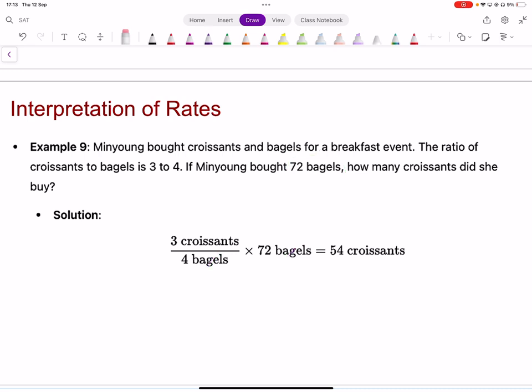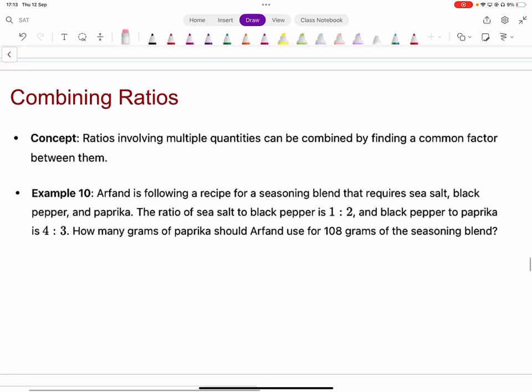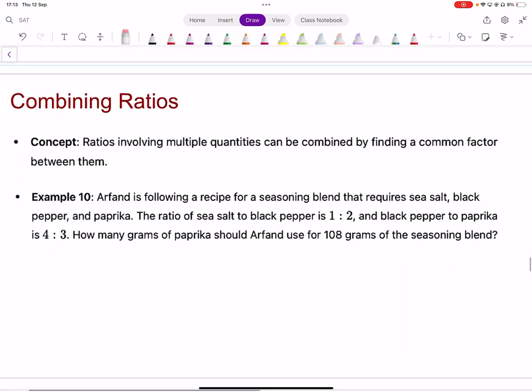But what if you have ratios like this instead? Sometimes you have to combine ratios. Let's look at this example. So this person is following a recipe for a seasoning blend that requires sea salt, black pepper, and paprika.